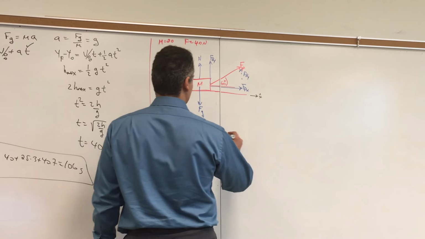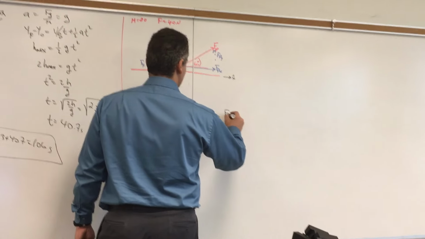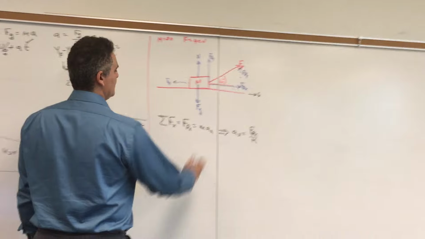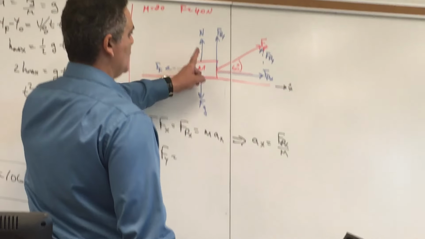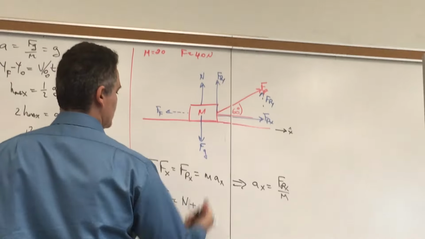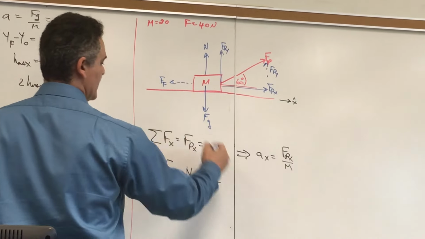So if I solve this for the acceleration, then my AX equals the whole force in the x direction over M. Okay? And then the sum of my forces in the y direction. In this case I have my normal force going up, right? Plus my pulling force in the y direction, it's going up. Minus my force of gravity.